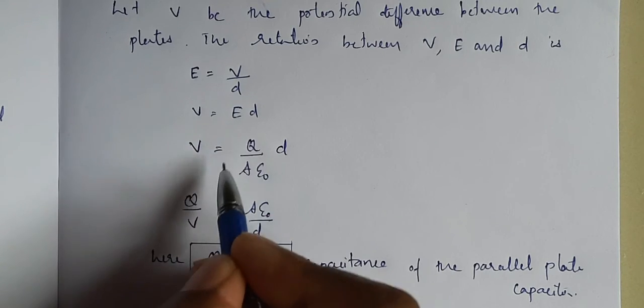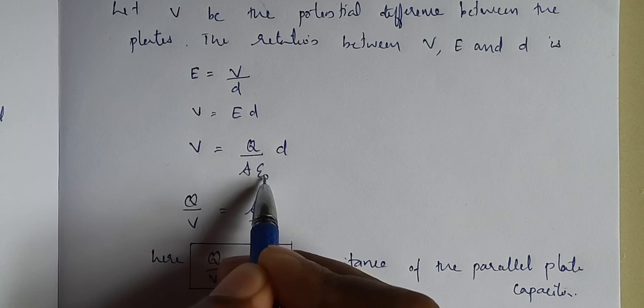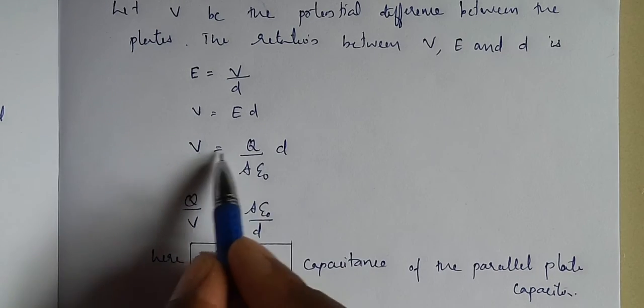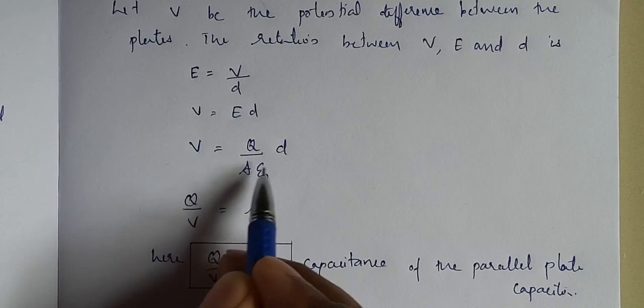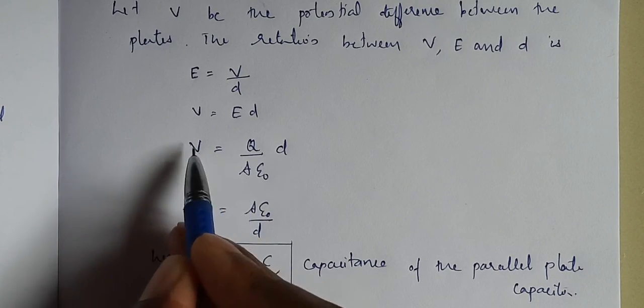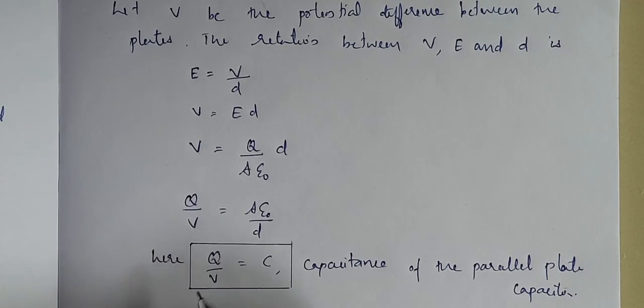This is a relation we can use. We substitute E as Q by A epsilon naught, and D also comes. Now if you keep Q here and bring V to this side, it becomes Q by V, and A epsilon naught and D, all these we take to the other side.